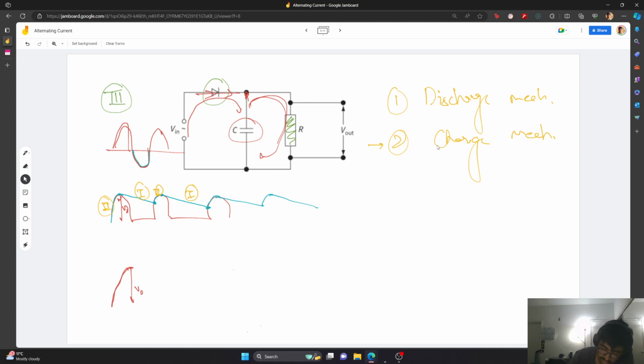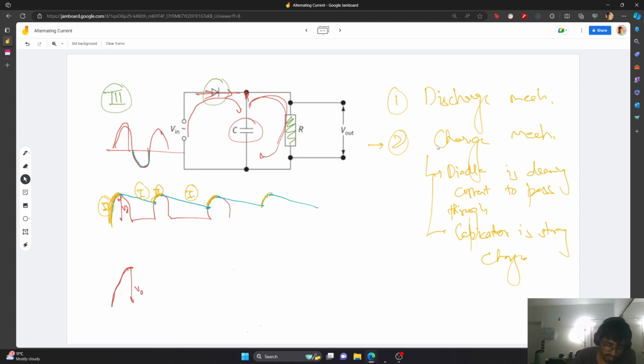In the first, the diode is allowing current to pass through, and this means the capacitor is storing charge. When it is storing charge, it is gaining voltage, which is why all of these areas where it is climbing voltage are there.